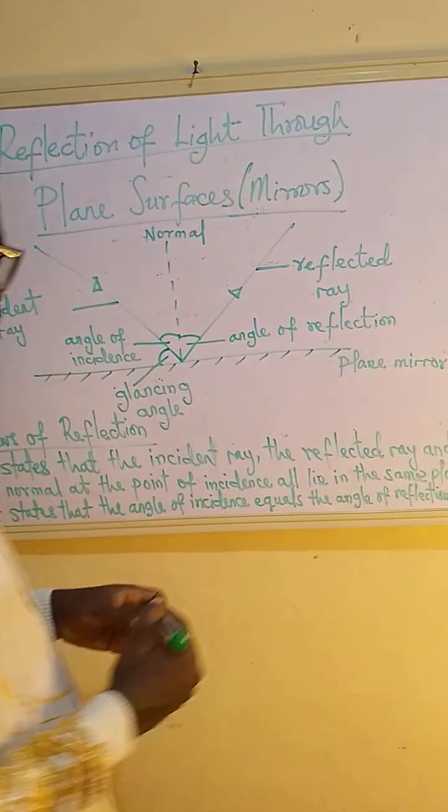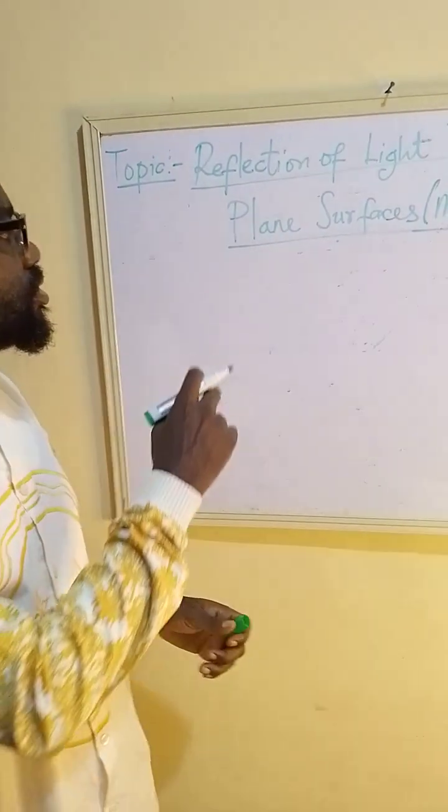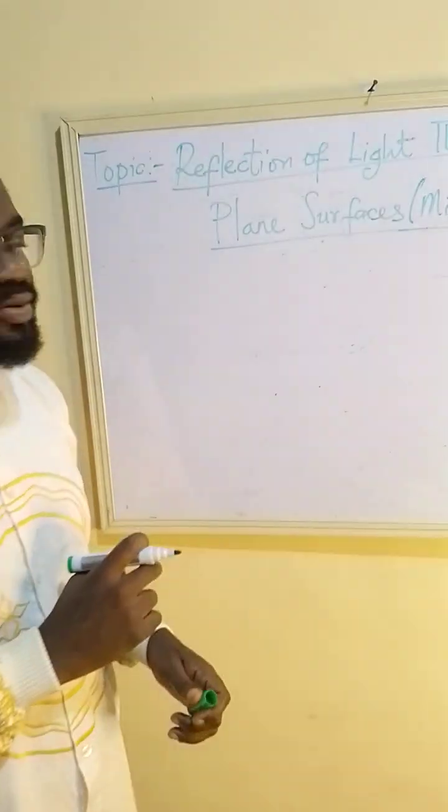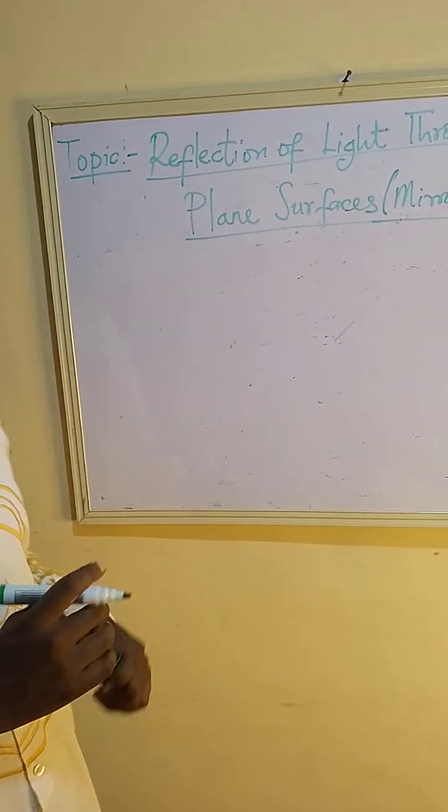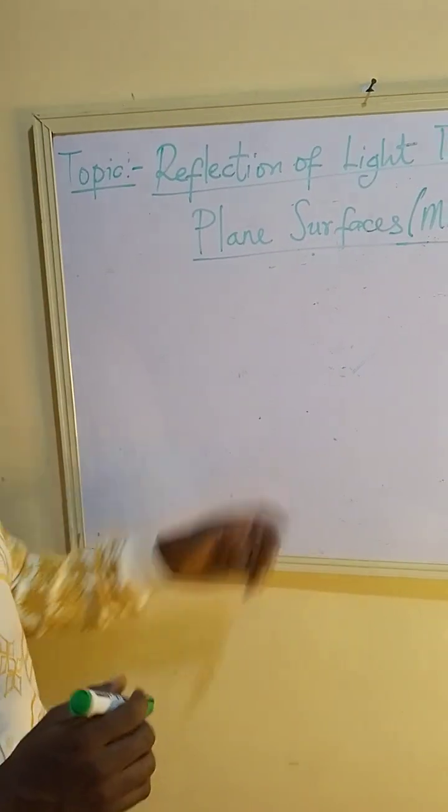So that's it. So let's look at an example on the plane mirror based on the properties I have just explained, giving us the laws.